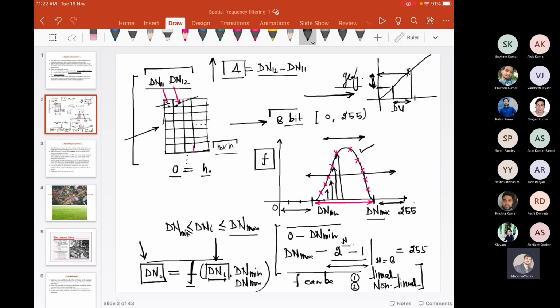Now, after processing through this function f, DN output utilizes the entire range, 0 less than or equal to DN output less than or equal to 255, keeping in mind this process enhances this delta.